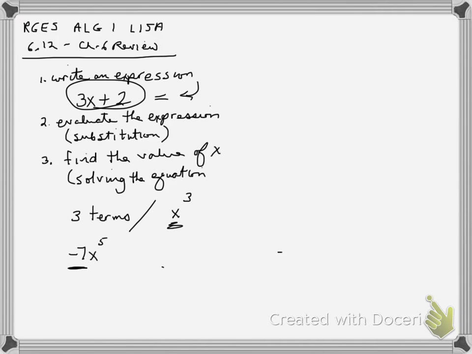The coefficient or numerical coefficient would be negative 7, and the exponent would be the 5. Or you can go review those properties or axioms if you want, but again, I'm not interested in you having more than a familiarity with those right now. So your problems will begin at number 6.